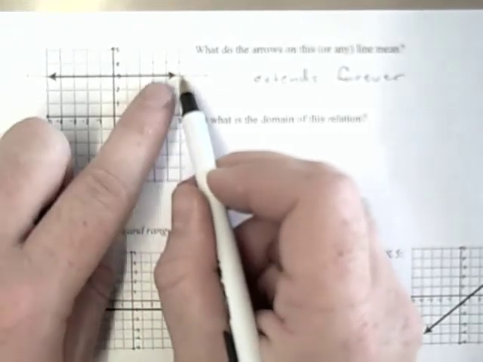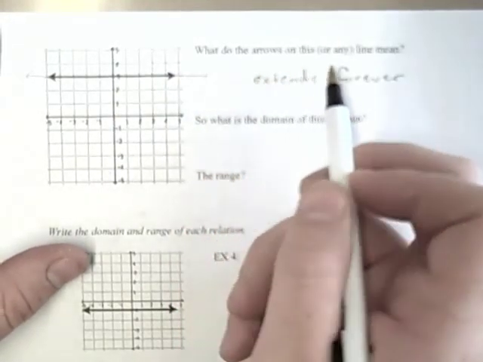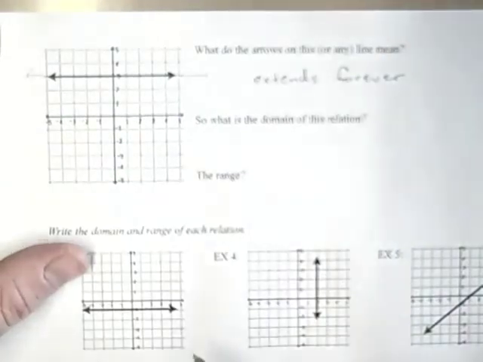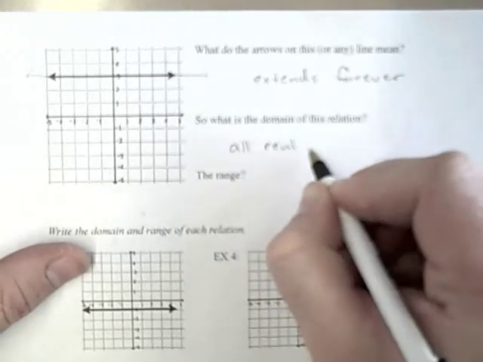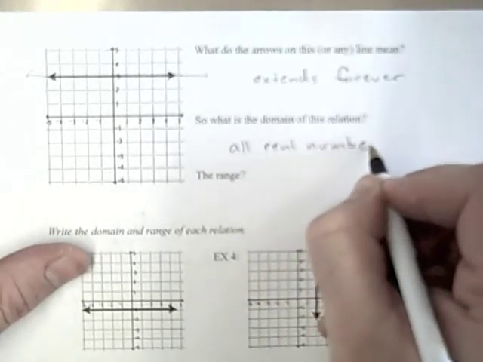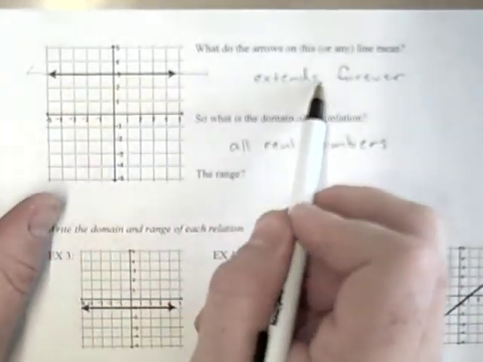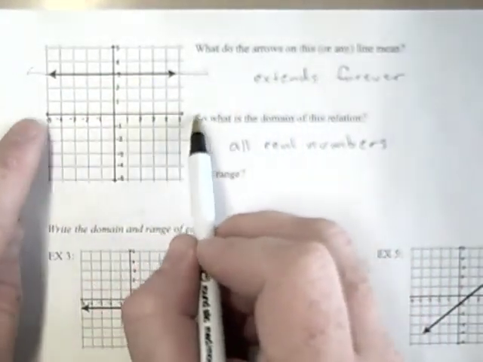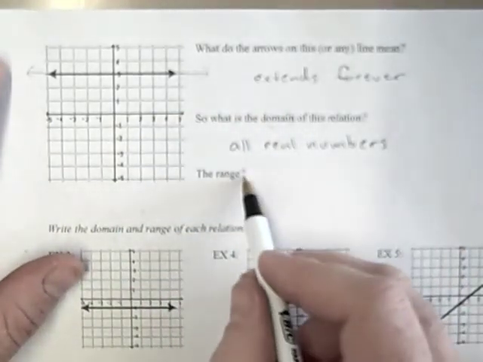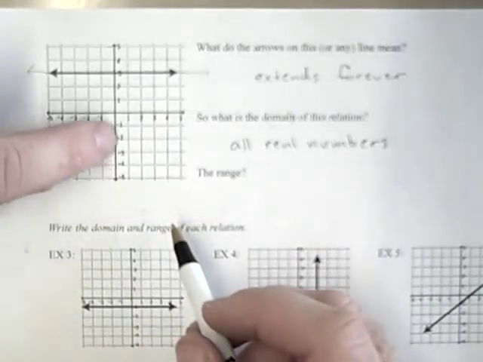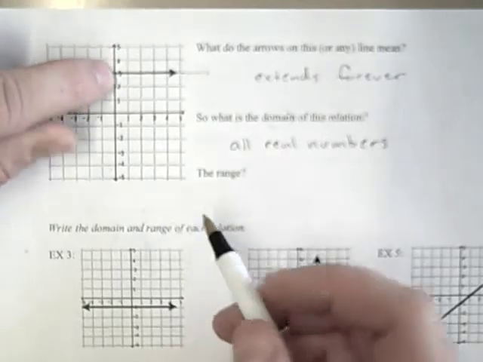We know that this would extend to 5, and all the way out to 100 or 200 or 1,000 or 1,000,000. Same in the negative direction as well. Well, the way we write that is by saying all real numbers. Because this extends horizontally in both directions, all of the x values, all real numbers, are contained in the domain. What about the range? Well, looking at this, we can see that there's only one y value that this relation ever touches, and that's here at 3.